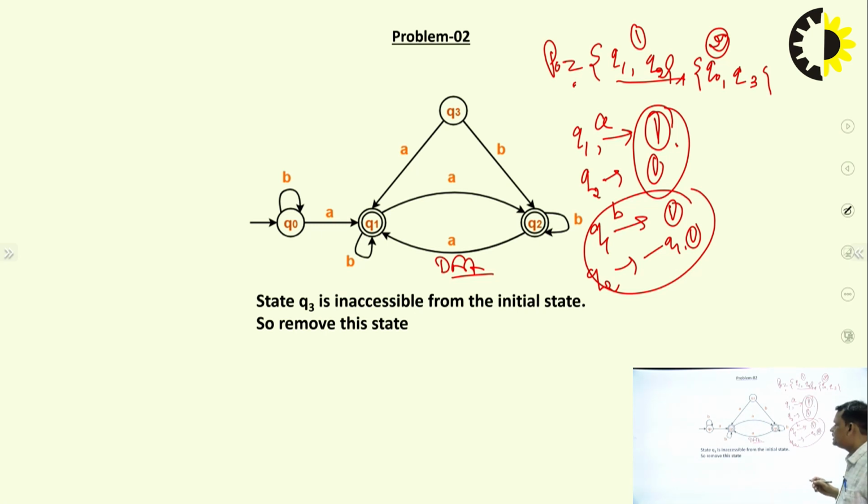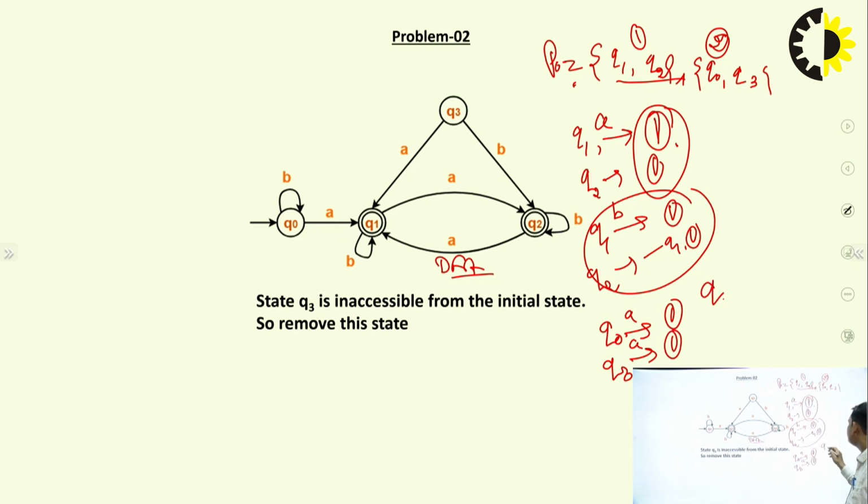Q0 and Q3 as input A: Q0 as input A goes to Q1, first set, and Q3 as input A goes to Q1, first set.